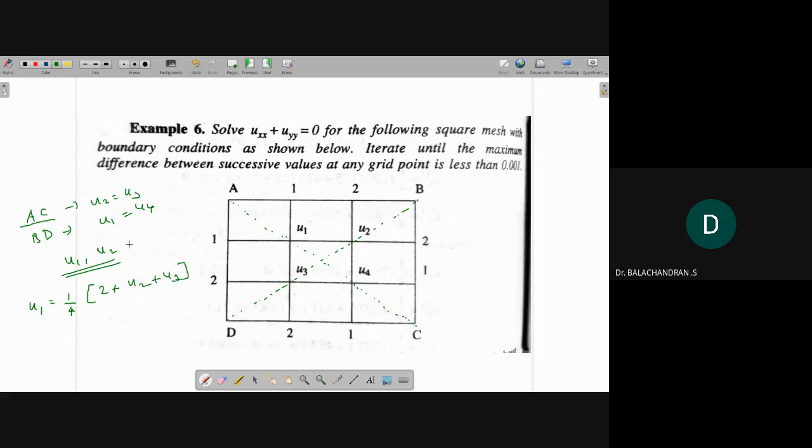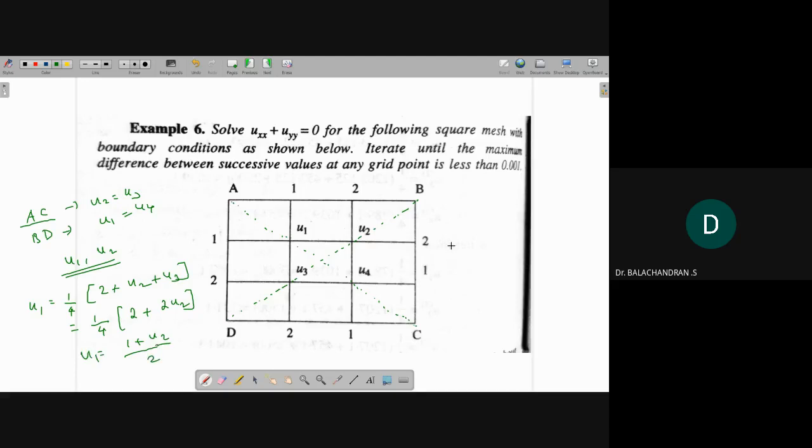But u2 equal to u3, so 1 by 4 times 2 plus 2u2, since u3 equal to u2. Take 2 commonly and cancel the 2. So 1 plus u2 divided by 2 is equal to u1.